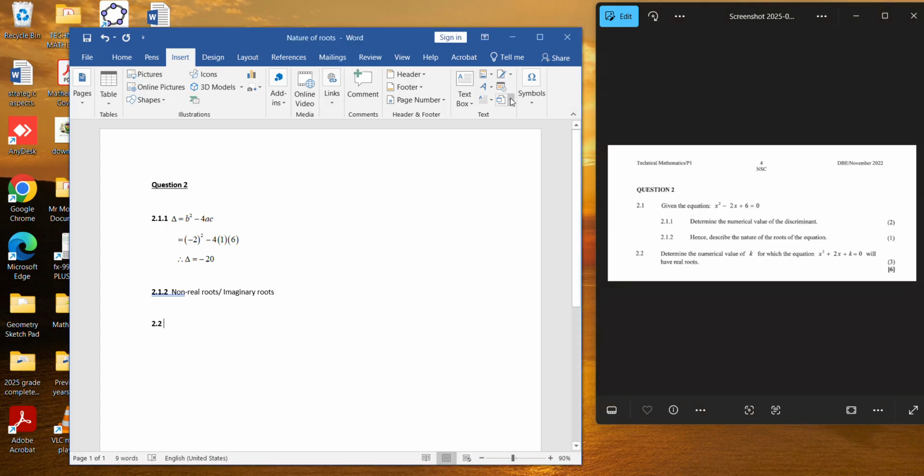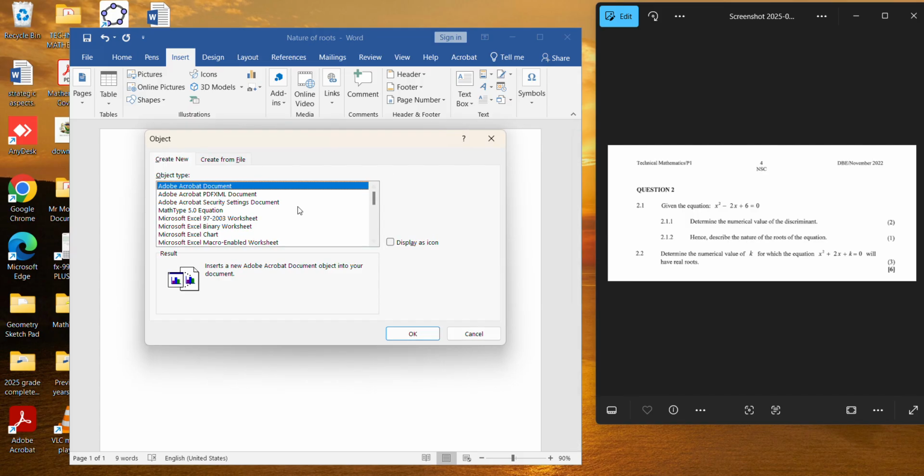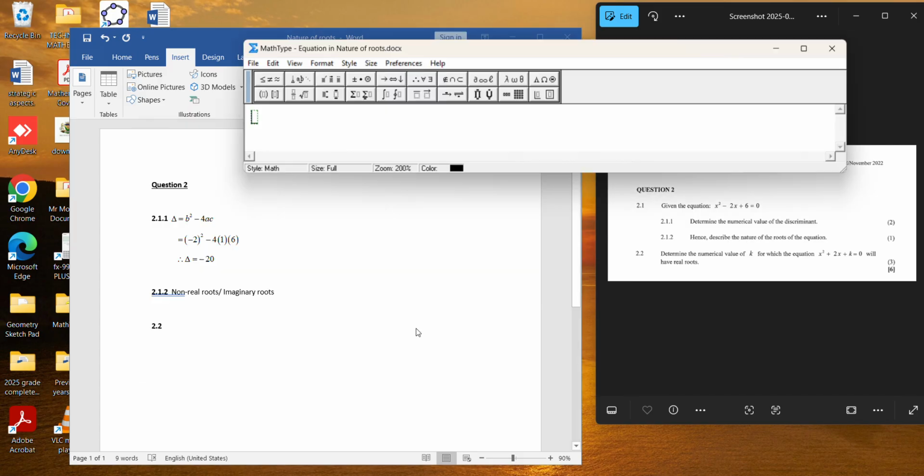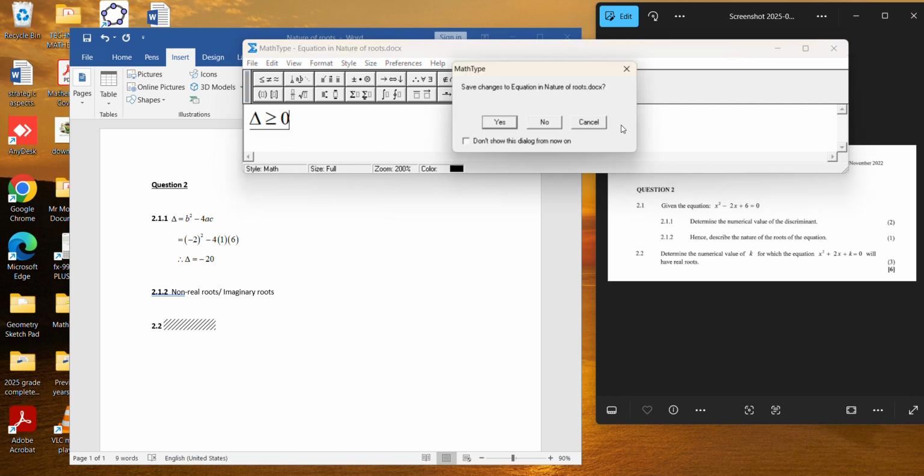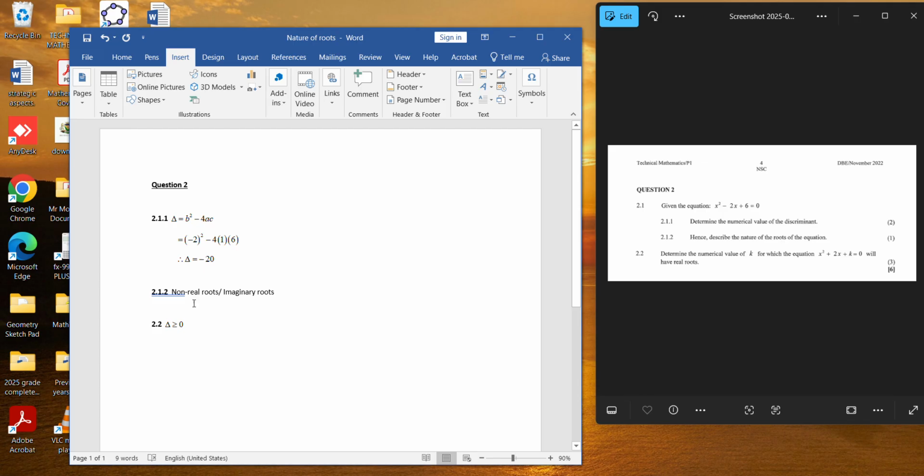to delta. And by now we know for us to have real roots, it means delta, which is the discriminant, must be greater than or equal to 0. This is a condition.